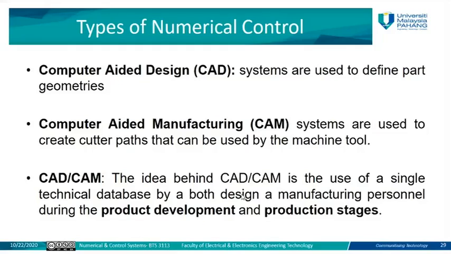It's not like the previous two systems, which work individually. Individually means you do the design, maybe you produce or you don't, it doesn't matter; you have the design only. But if you have CAD-CAM, that means you already have the design, and this design will be translated into a real product later on.